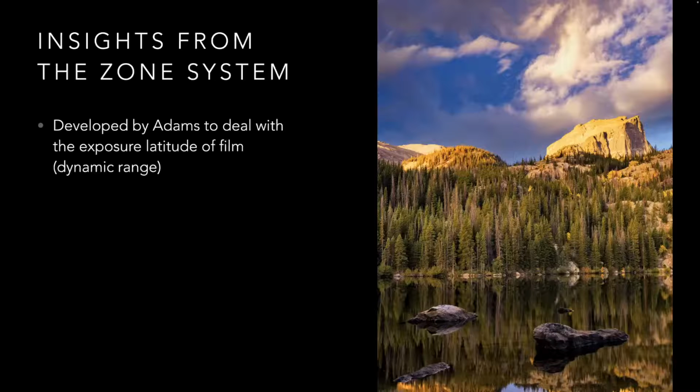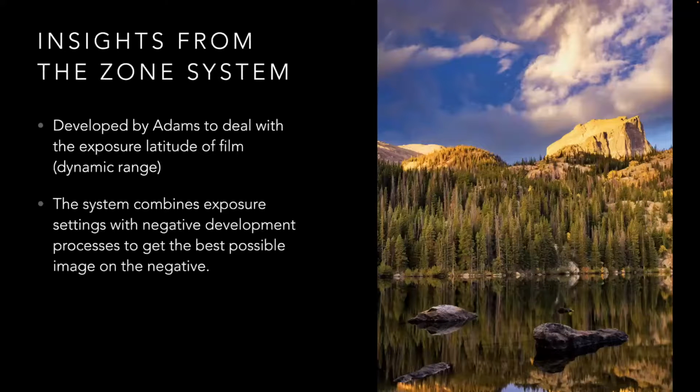But the thing about the zone system was it not only was a way to visualize exposure, it had everything to do with the film emulsion that he was using. The system combined the exposure settings with the way he would develop and process the negative. So when he was shooting those larger formats, he could make notes.